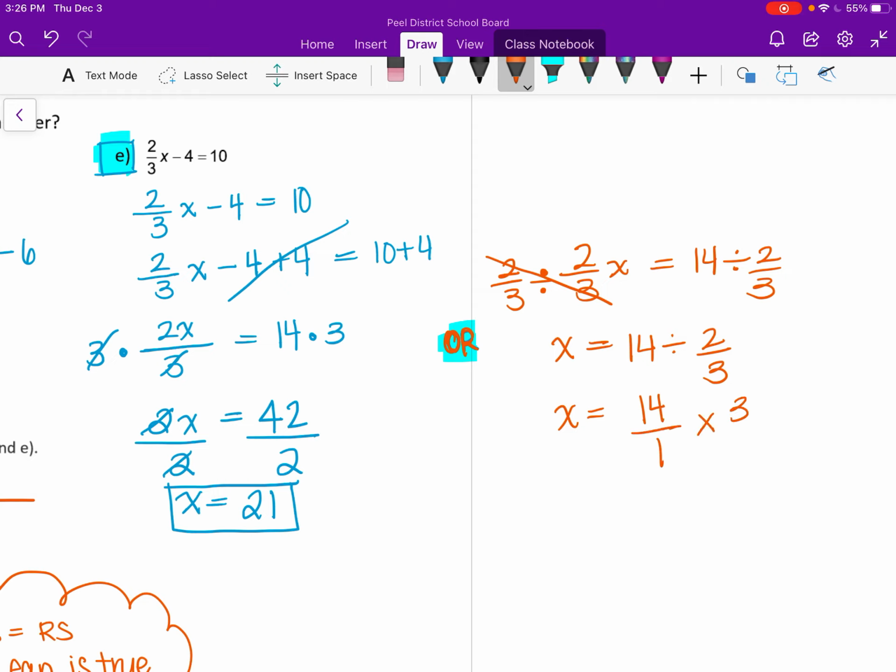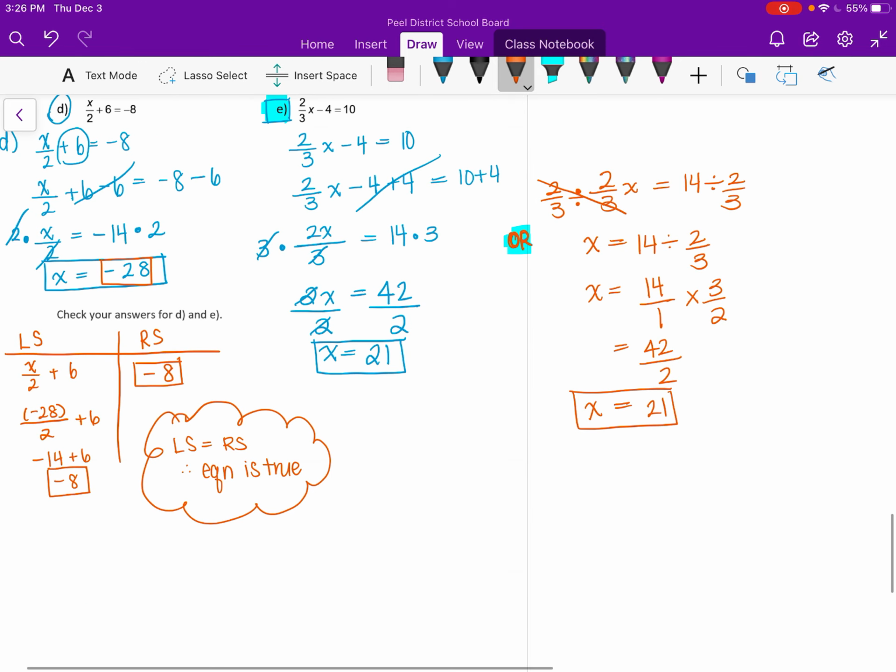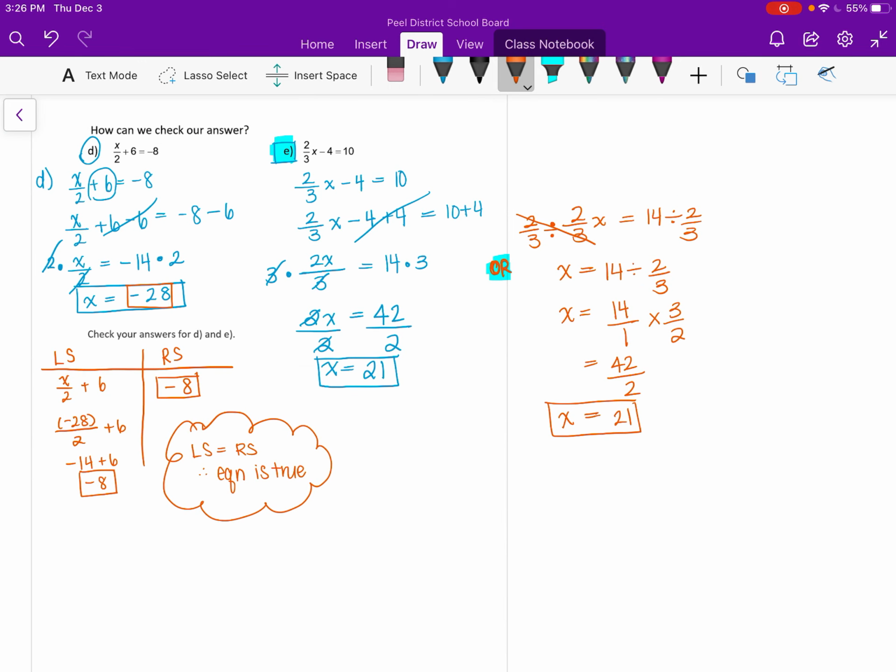Change the sign, flip the fraction. So what you would have done is 14 times 3, which would have been 42 over 2, equals 42 divided by 2 is equal to 21. Either way, you would have gotten the same answer. Okay, just depends on which way you feel more comfortable doing this.